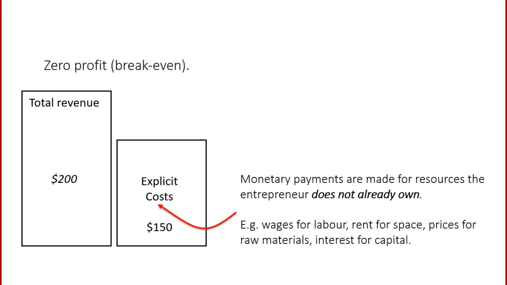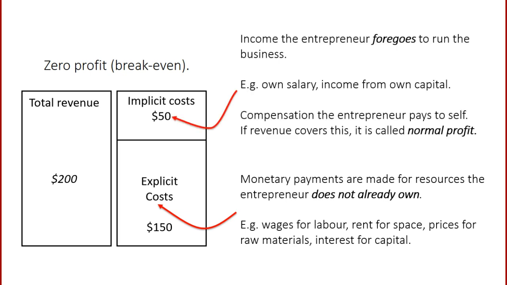But that's not all of the costs. As we saw in the previous diagram where we saw the average total cost curve, the average total cost curve doesn't just include the explicit costs. It includes within it the implicit costs of production as well. What are the implicit costs? This is the income that the entrepreneur forgoes in order to run their business.